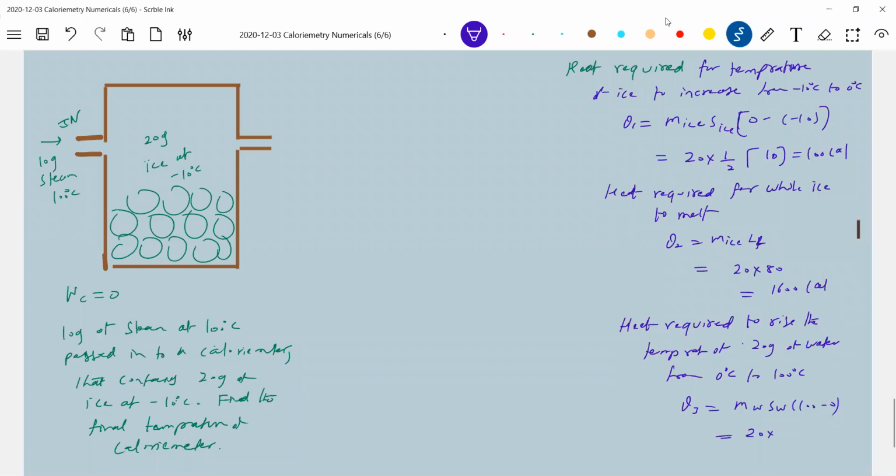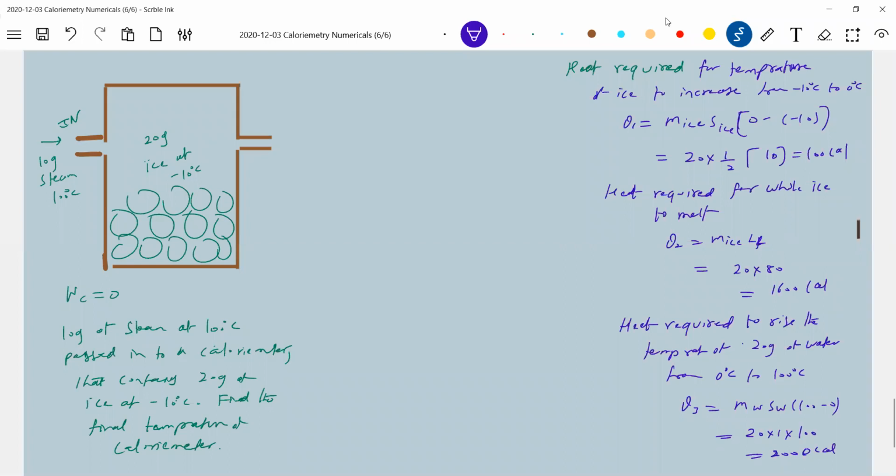Mass of water 20 into 1 into 100. From where should this Q1 plus Q2 plus Q3 come? The steam. If all the steam condenses, how much do we know? 5400. Should all the steam condense? No, only a part of the steam.